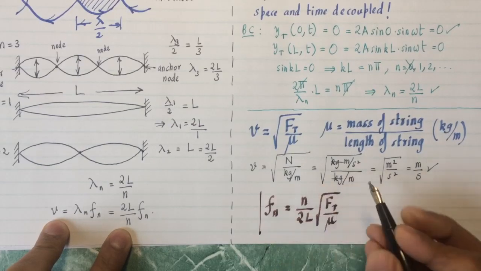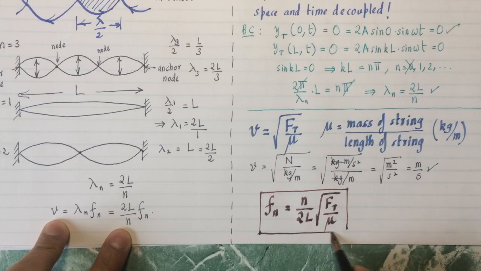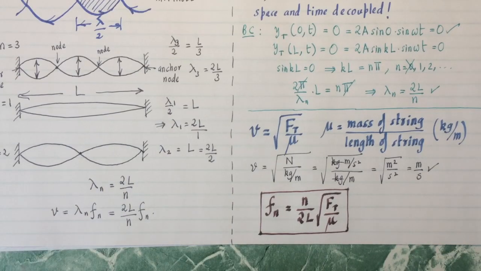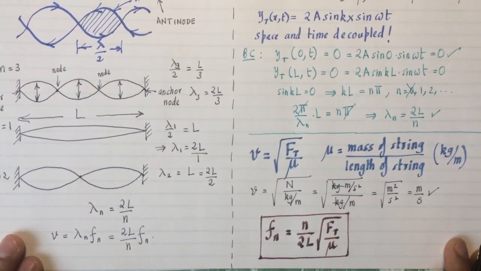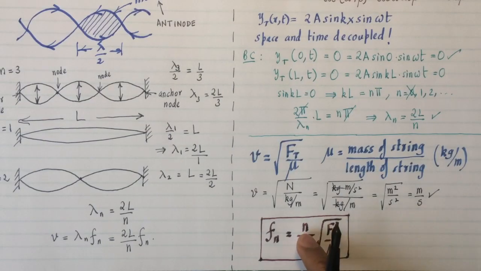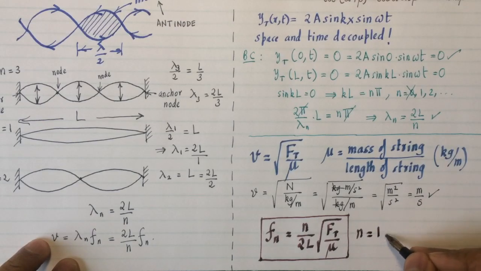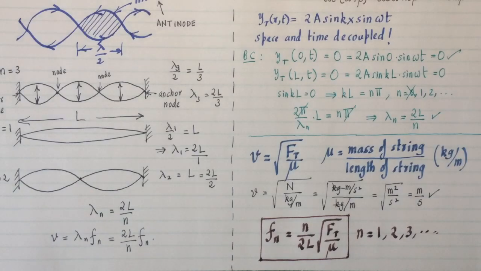So that's the formula that gives you the frequency of the nth harmonic of a violin string, whose mass per unit length is mu and whose tension is FT, and n is the order of the harmonic. 1 is called the fundamental, 2 is called the first harmonic, that's called the second harmonic, that's called the third harmonic, and so on. So that's the theory in a nutshell.